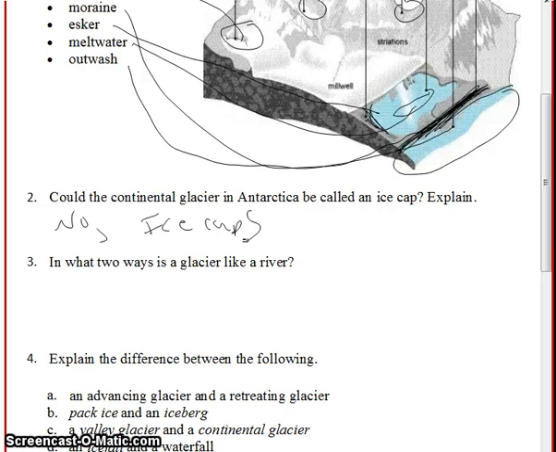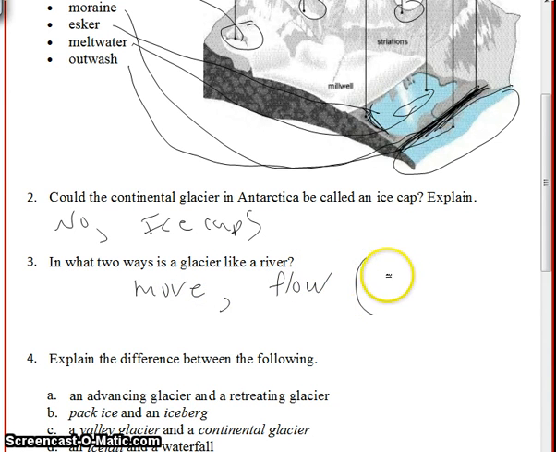Next, let's talk about more glacial features. In what two ways is a glacier like a river? Well, glaciers move, or sometimes we say they flow.